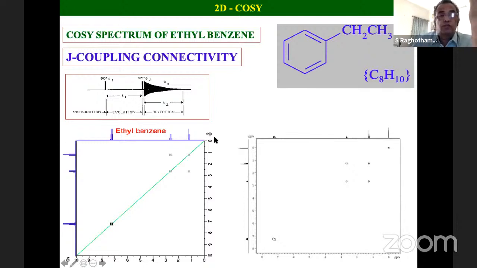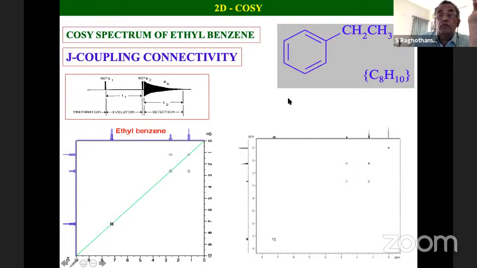If you do a 2D spectrum, you see this 1D spectrum goes on the diagonal. If you project this diagonal on either side, you get your normal 1D spectrum. And now you see the CH2 and the CH3 are coupled to each other. So there is a triplet and a quartet, and you can literally see those things across this diagonal, on either side of that.